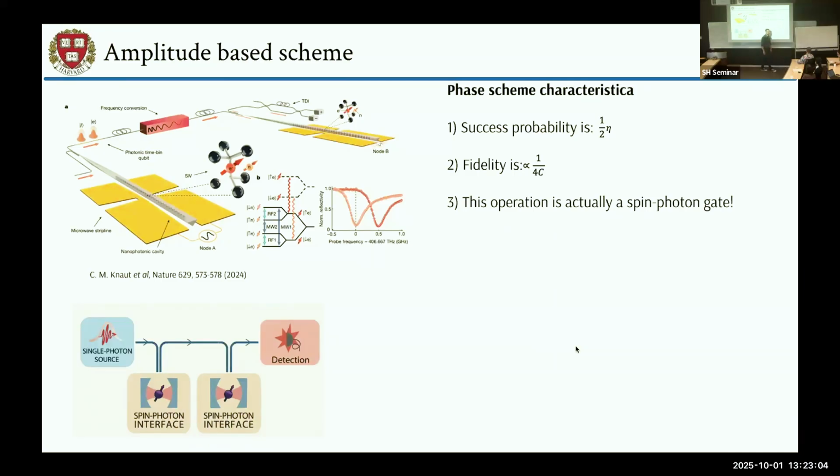It's a C-phase gate in that encoding. So in principle, I can make a gate between a photon in the Fock basis encoding here and my spin.